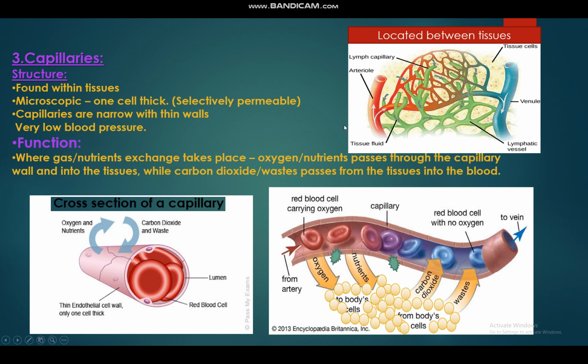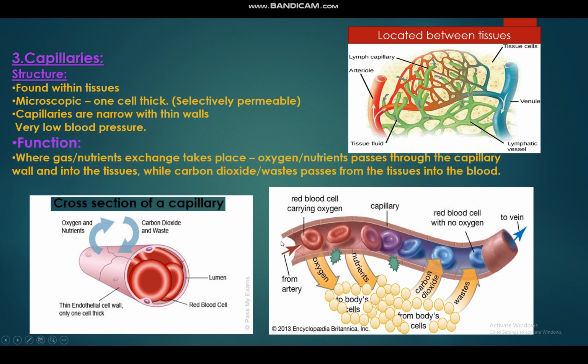Now this is the diagram which shows how the substance is being transported from the capillary into the tissues. Here you can see the arterial side of the capillary bed and the venule side of the capillary bed. This is the capillary network which is connected with the arteriole and the venule.